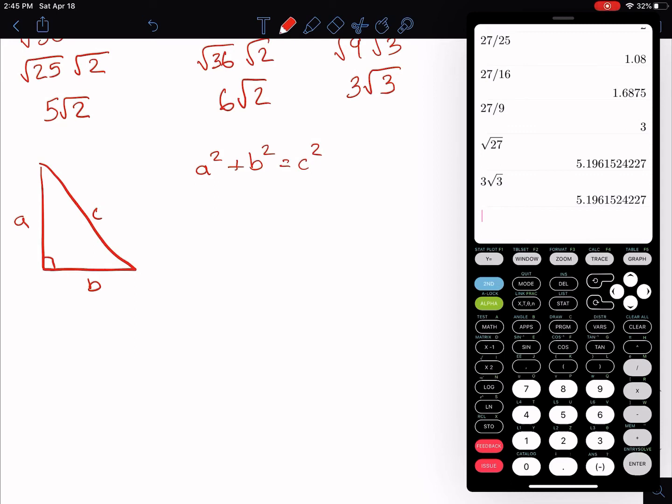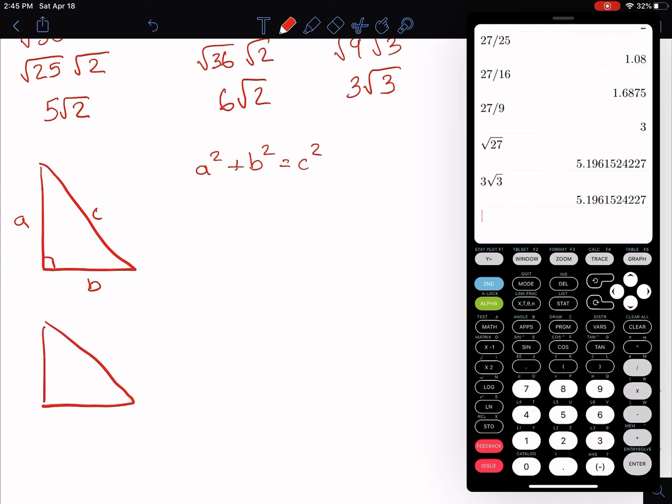We know this Pythagorean theorem allows us to find the missing side. So this is a little bit different than what we were doing with SOHCAHTOA, where we were using right triangle trigonometry to find the missing side. Here we know 2 of the 3 sides, and we're going to use the Pythagorean theorem to find the missing side.